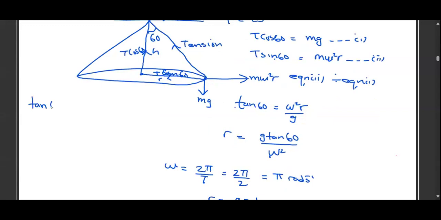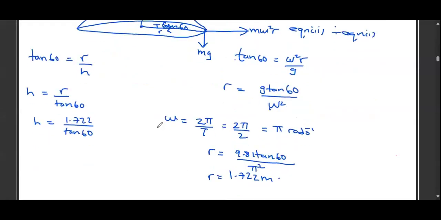Tan 60 is going to equal r, which is this part here, divided by h. So our h is going to be r divided by tan 60. R we have got 1.722 divided by tan 60, and get our h.